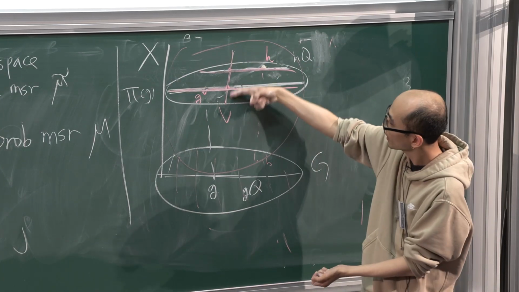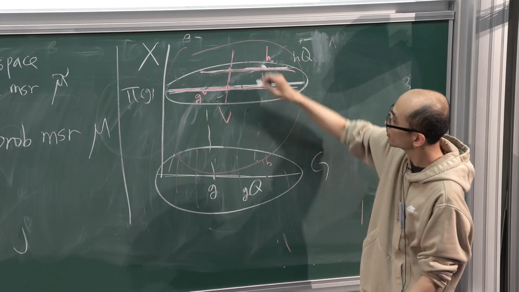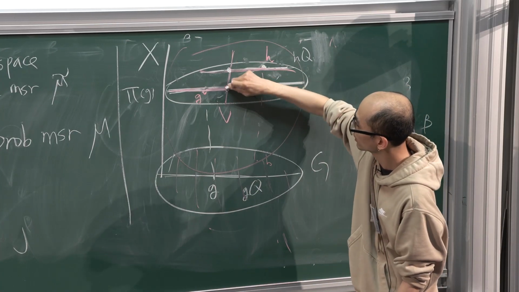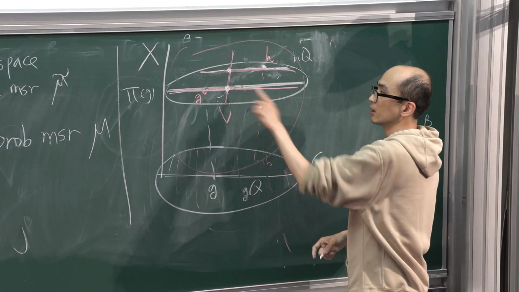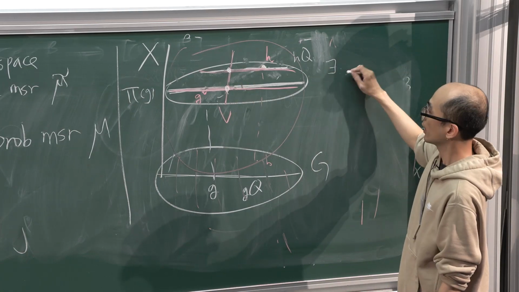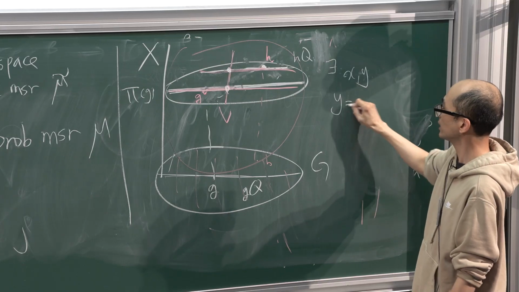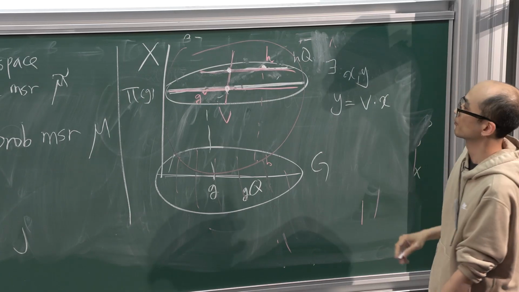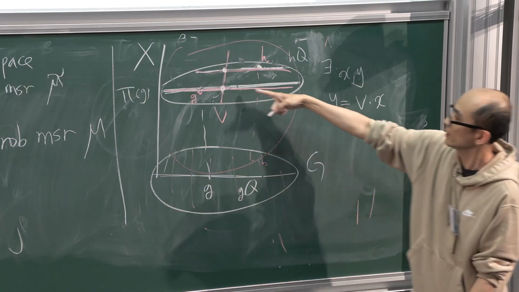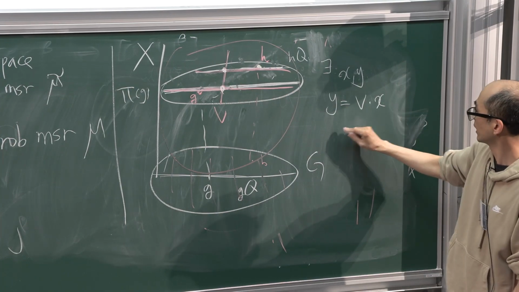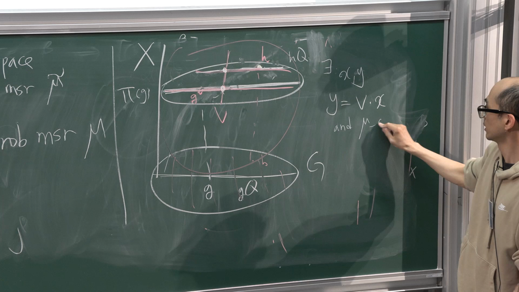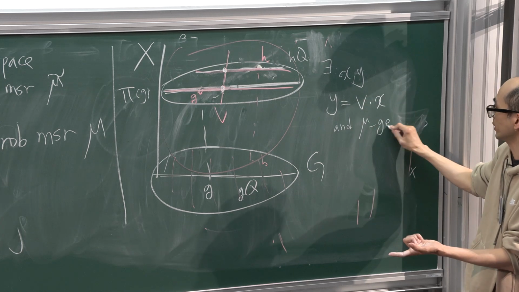And if you think about the transversal V, then you should be able to see two generic points. So there exist x and y, where y is v times x in the graph, that are generic and mu-generic. So these are mu almost every point.